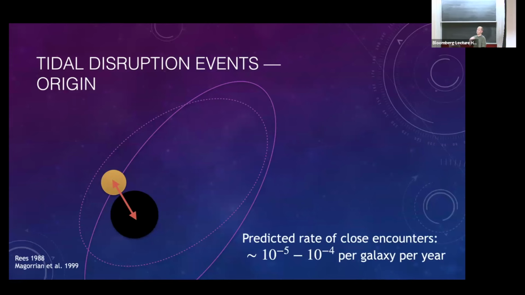And so, if you do your galactic dynamics carefully, to the order of magnitude at least, you get a rate in a given galaxy of one of these close encounters every 10,000 to 100,000 years. Or in the optical transient space, this is 1% of the supernova rate. So the key is, if you look at 100,000 galaxies for 1 year, you find one of these.